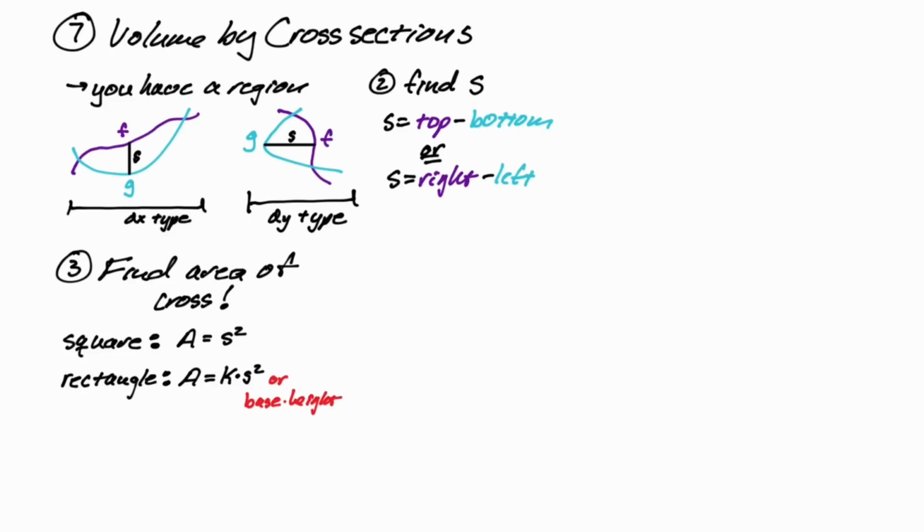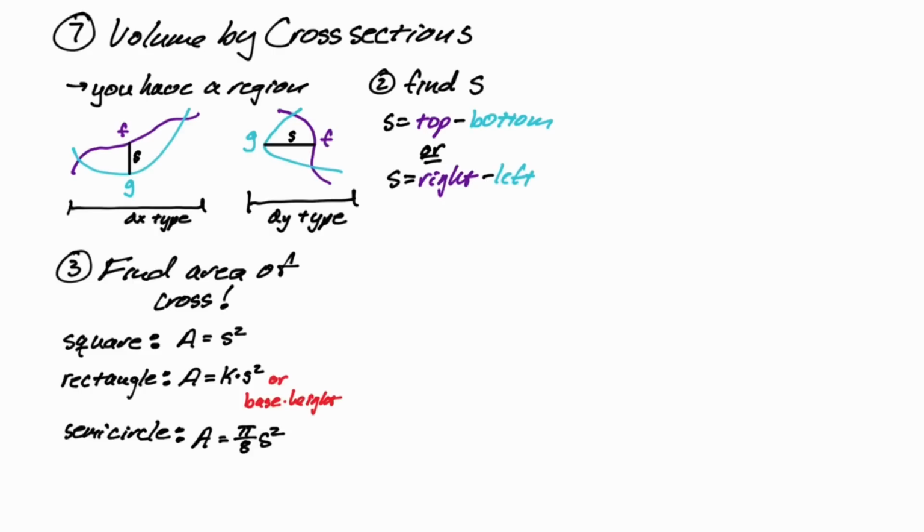Rectangles are the most contentious kind, because I tend to say that they're just k times s squared, because usually they say the height is 5 times the base or the height is 52 times the base. But they might also just tell you what to do. Like the height is always 6, so then it would be 6 times s. Or the height is always, I don't know, x cubed plus 15, so it's x cubed plus 15 times s. So whatever they tell you is what you go with.